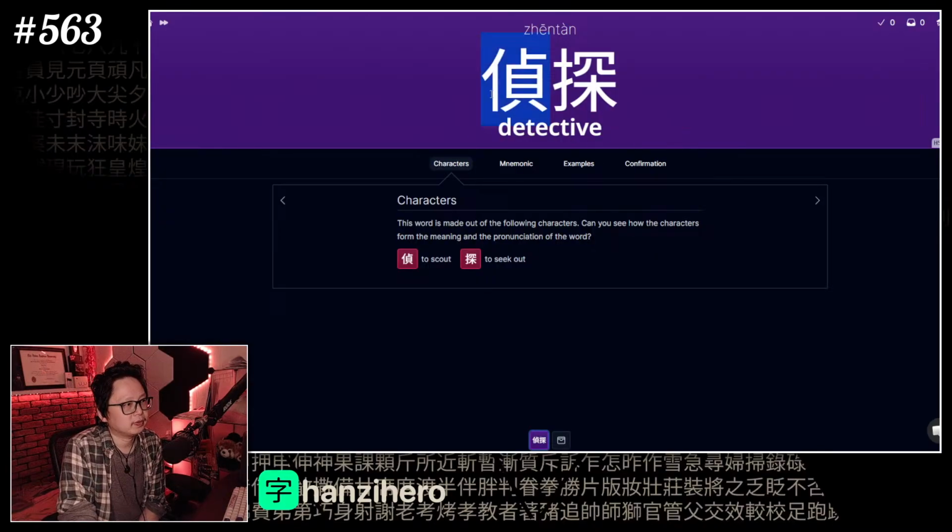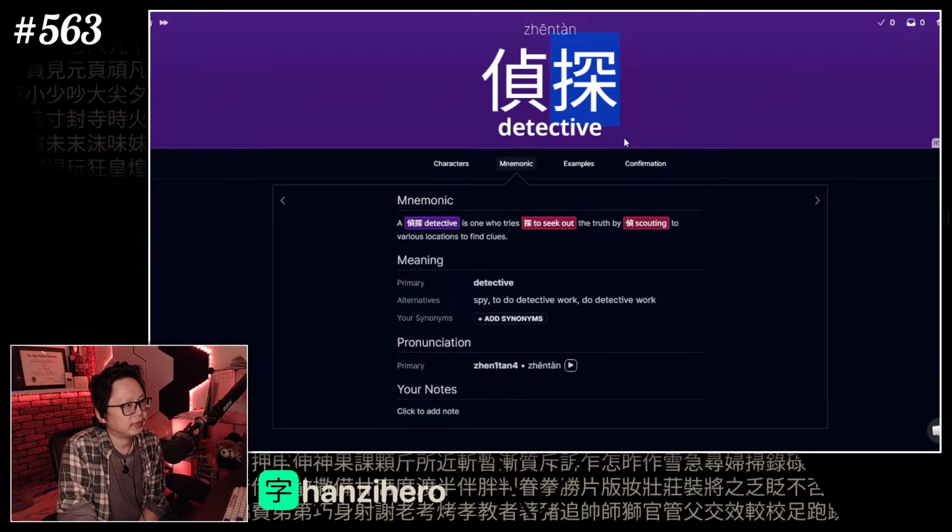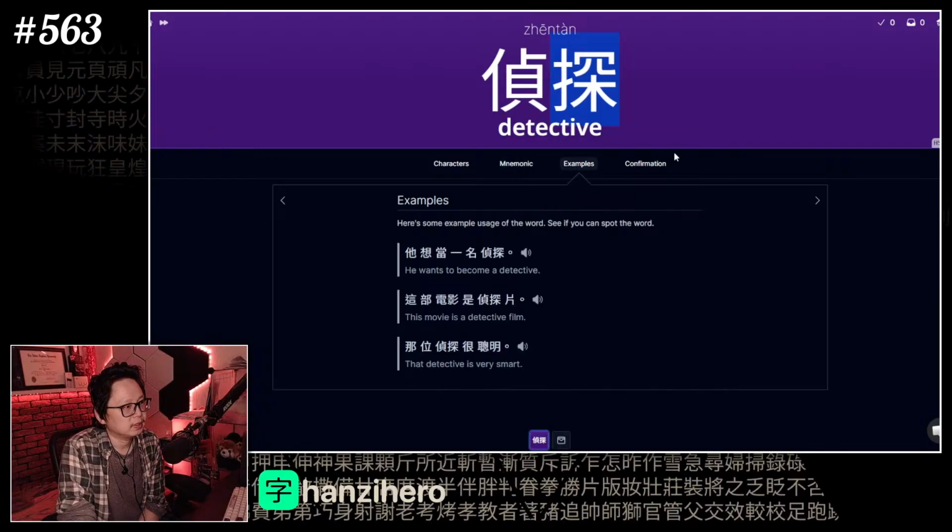So if we have someone who's scouting and searching or seeking out, you have a detective, or to do detective work, both. Okay. So 他想当一名侦探. So the role wants, so 想 wants the role of becoming, right?